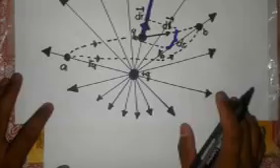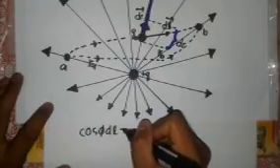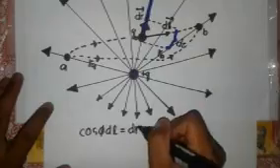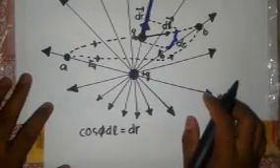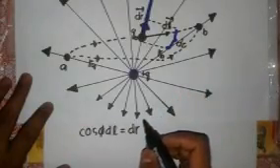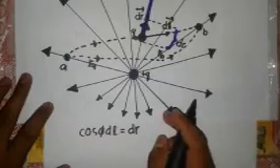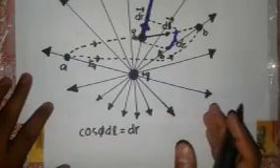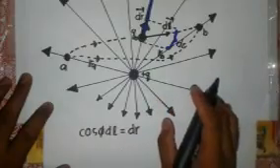Our illustration shows that cosine phi dl is just equal to dr. So our work done depends only on the change dr in the distance r between charges, which is the radial component of the displacement.